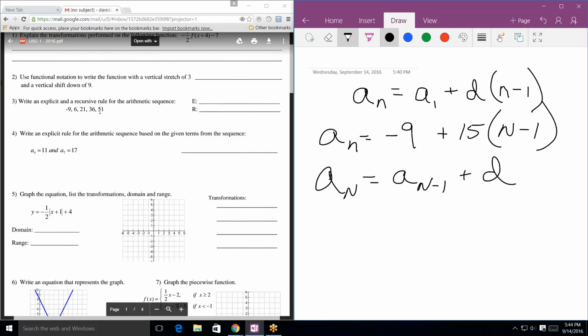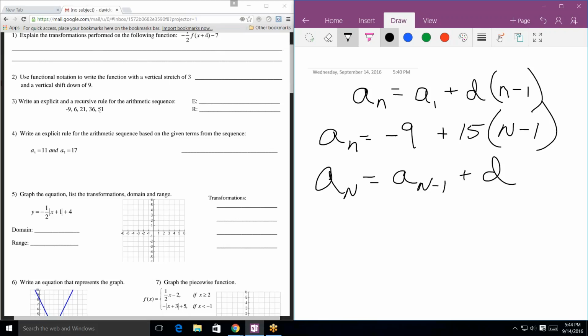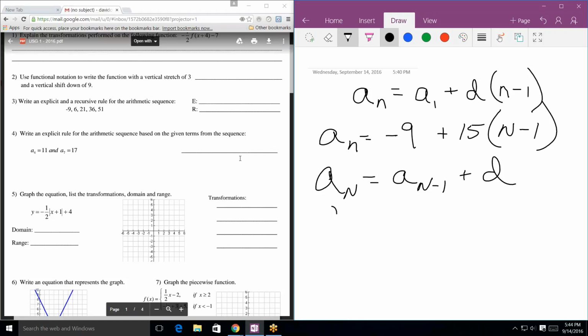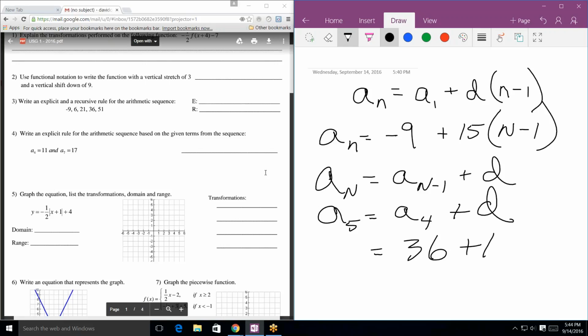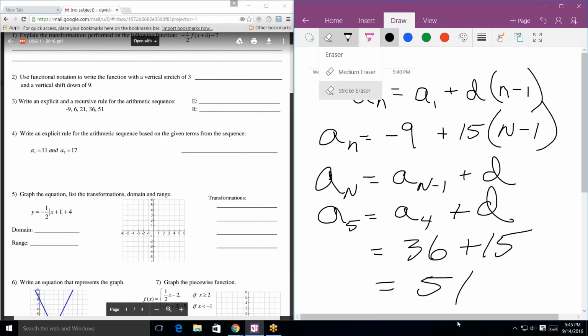In other words, if I want to know what the 5th term is, I can see that it's 51, but a sub 5 should be equal to a sub 4 plus the common difference, and a sub 4 I can see is 36, common difference is 15, so that gives me 51. So there is the recursive rule.